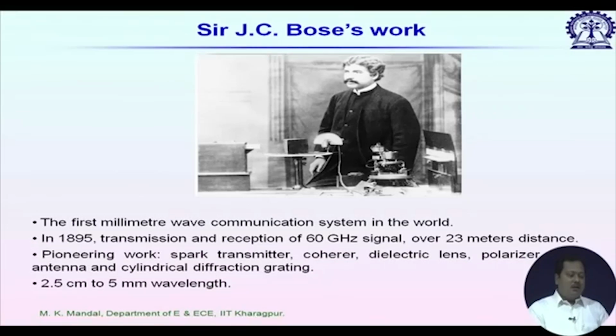He showed the reflection property, refraction property, and the polarization of millimeter wave, and also showed that millimeter wave is nothing but another form of electromagnetic wave which follows more or less optical properties. In his experiment, the typical wavelength he used was from 2.5 centimeter to 5 millimeter, which roughly corresponds to 12 gigahertz to as high as 60 gigahertz.